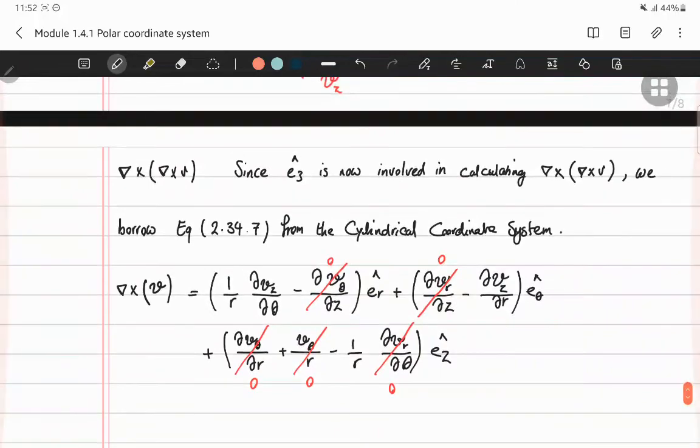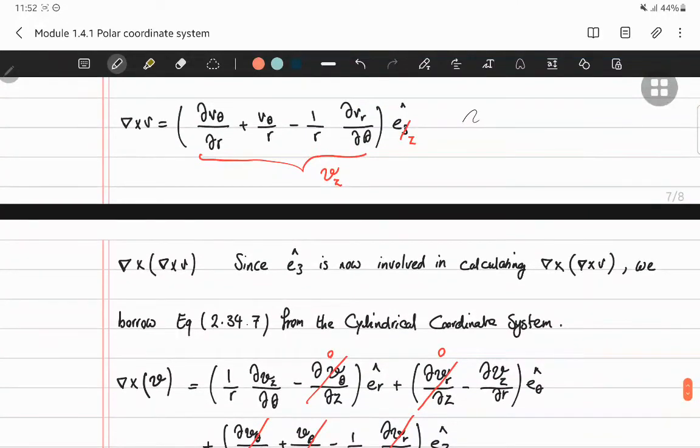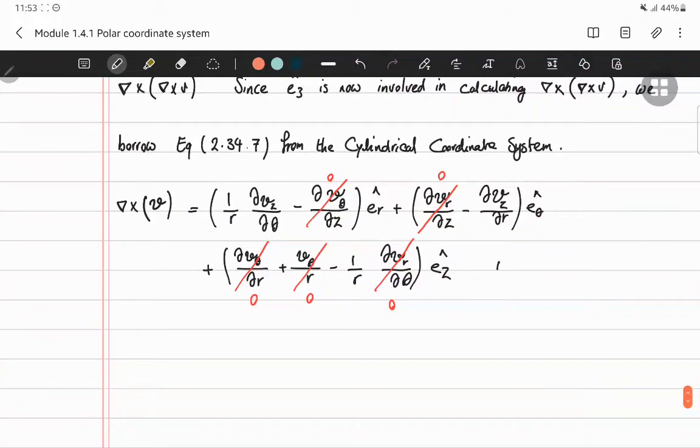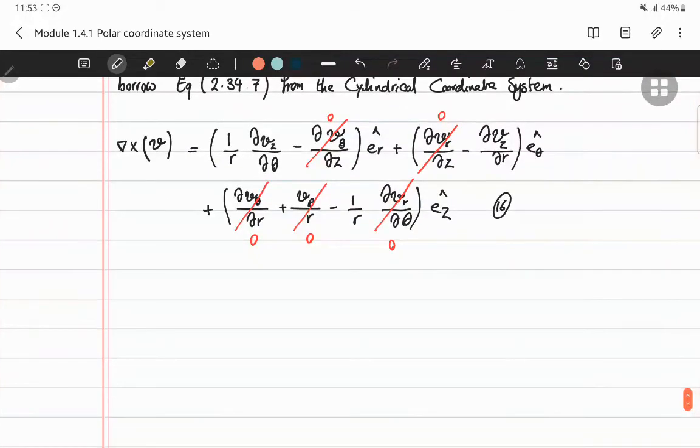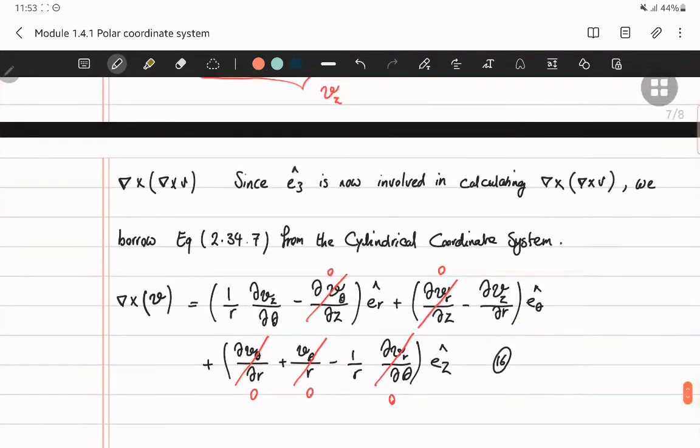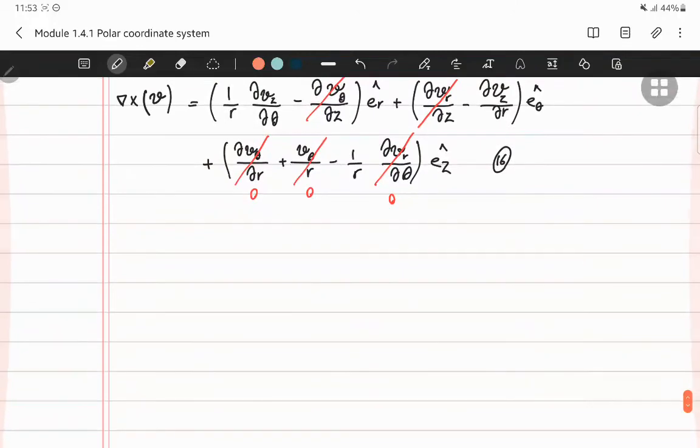So we substitute, let's say, this one, or maybe 15 is better, and this is 16. Sorry, just to make sure that they do not coincide with the previous numbering.